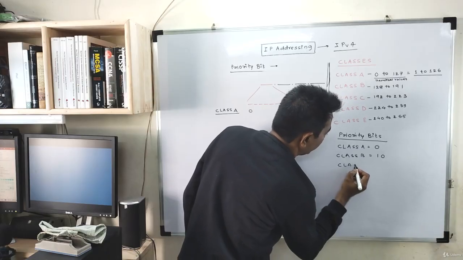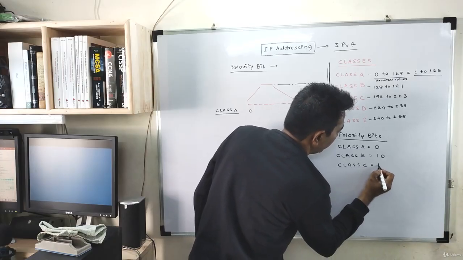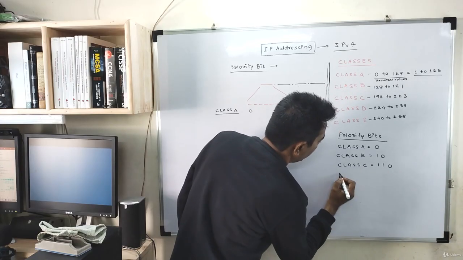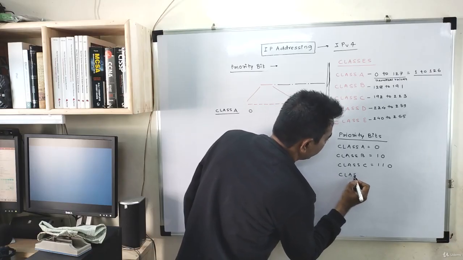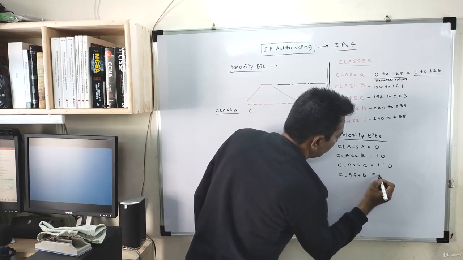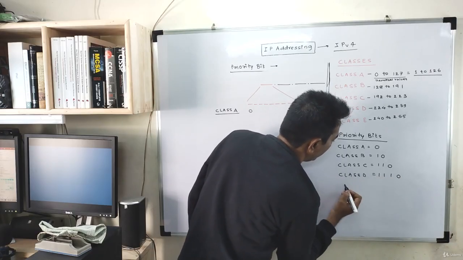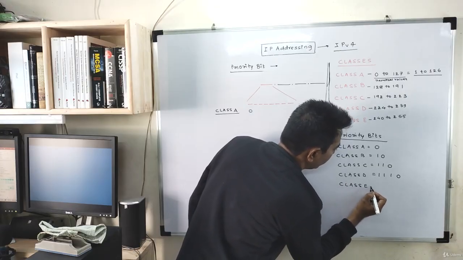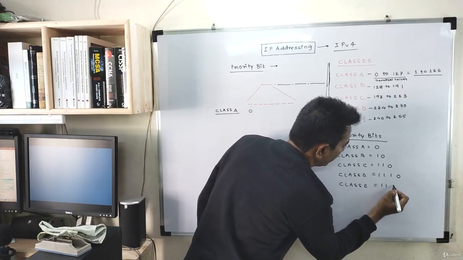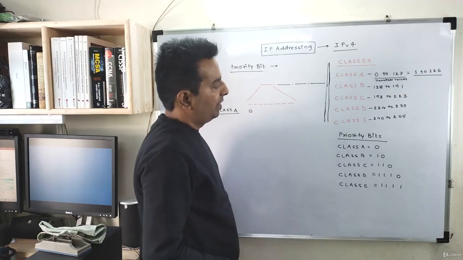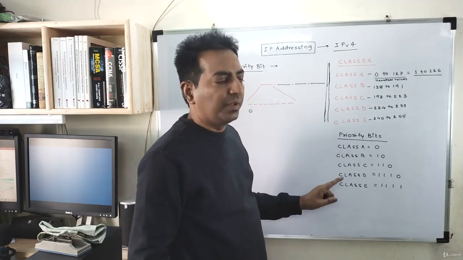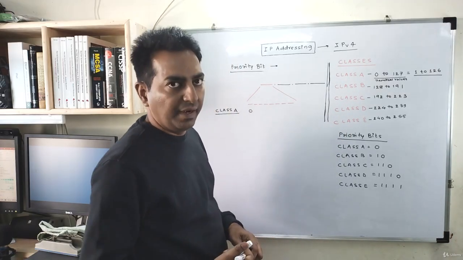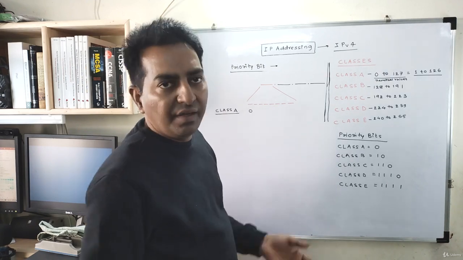Then for class C, it is 110. Class D, it is 1110. And for class E, it is 1111. So that is how the priority bits are defined. Now, what is the significance?